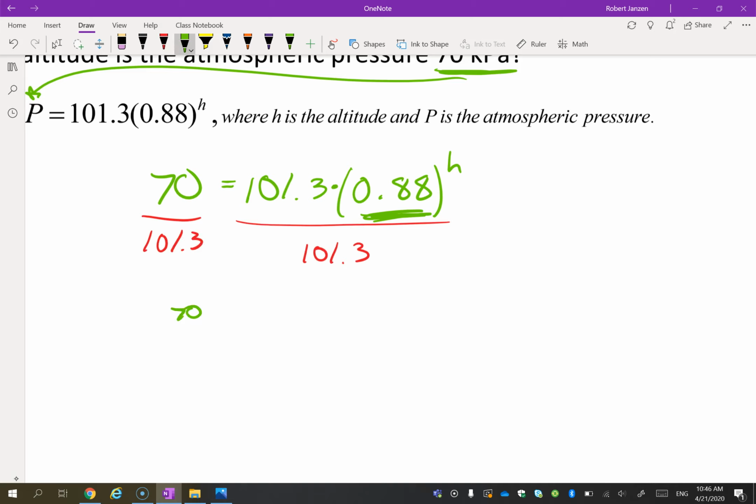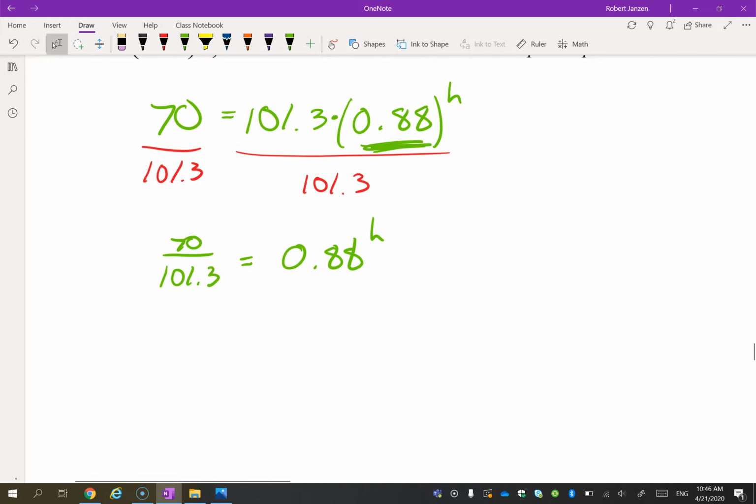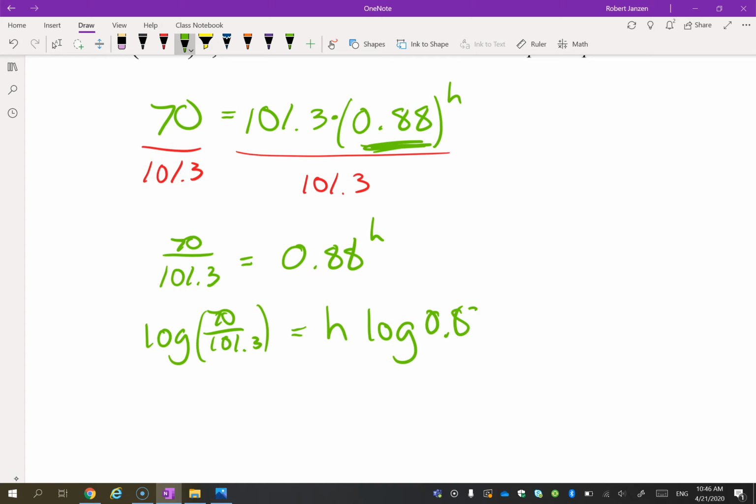Okay, so I get 70 over 101.3 is 0.88 to the power of h. Take the log of both sides, and that lets me bring the h to the coefficient.